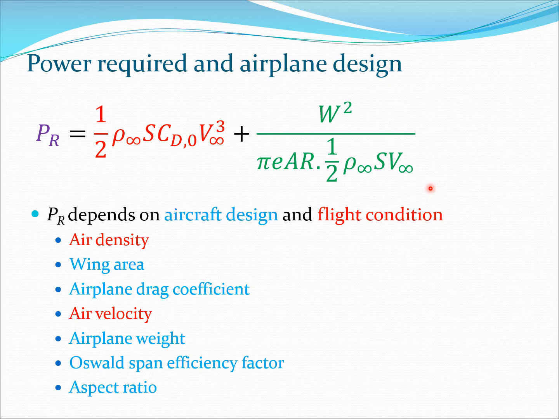If we look at this equation, we'll see that PR depends on aircraft design and flight condition. The flight condition variables would be air density and air velocity, that is rho infinity and V infinity, and the parts from airplane design would be the area of the wing S, the airplane drag coefficient CD0, the airplane weight W, the Oswald span efficiency factor e, and the aspect ratio AR.